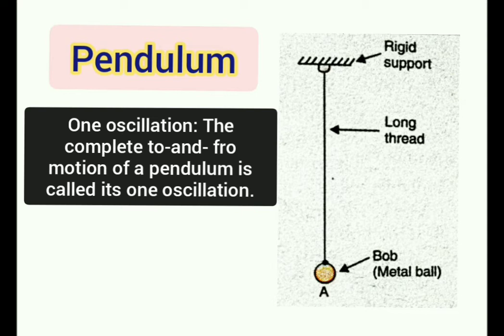That is, the motion of the pendulum bob starting from any point during its motion, completing its to and fro motion and returning to the same point in the same direction from which it has started, is called one oscillation. It is considered as one complete cycle of to and fro motion of the pendulum bob.